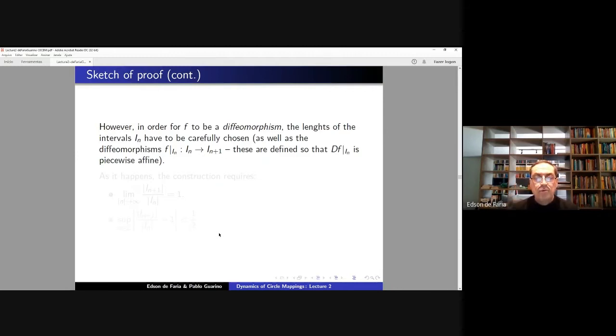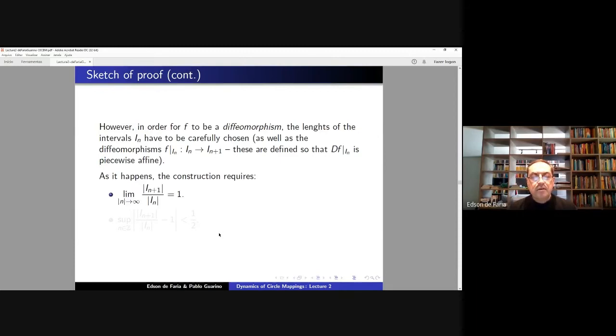So one convenient way of doing the construction is to define these diffeomorphisms in such a way that the derivative is piecewise affine, okay? Once again, all the details of this construction can be found in our book, in chapter 4 of our book. Now, as it happens, you need two conditions to be satisfied for the construction to work.